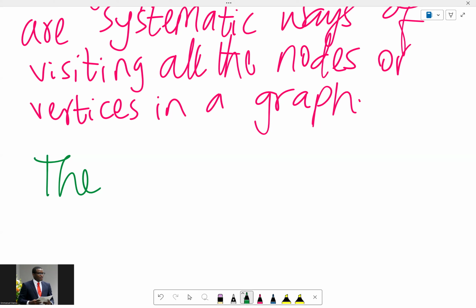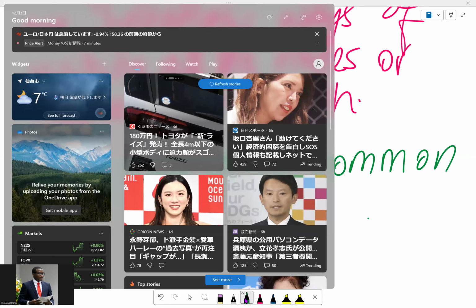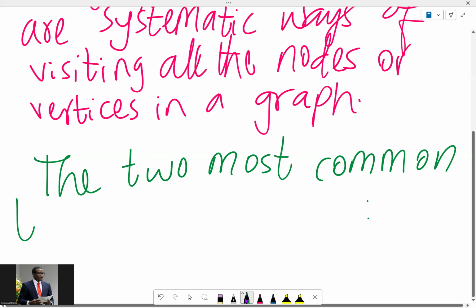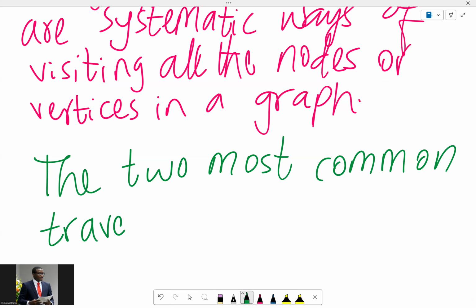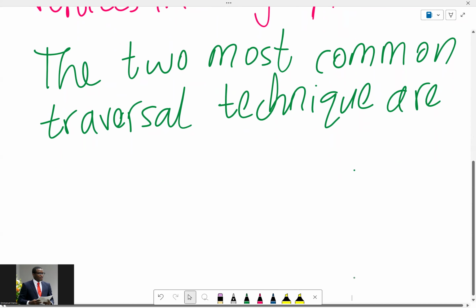So in graph theory, the two most common traversal techniques are what is called the depth first search and the breadth first search.